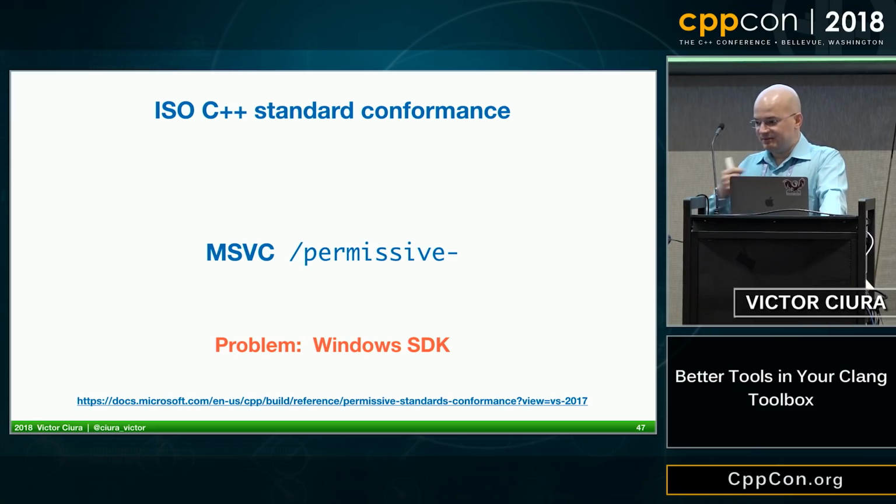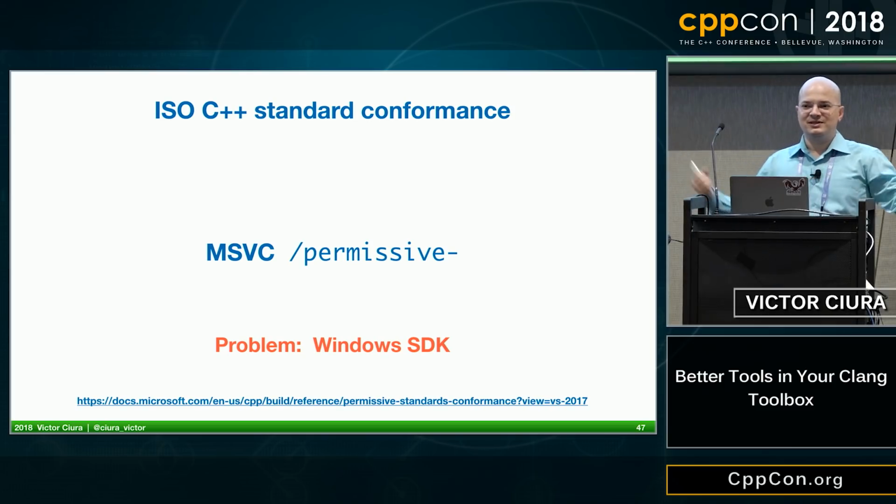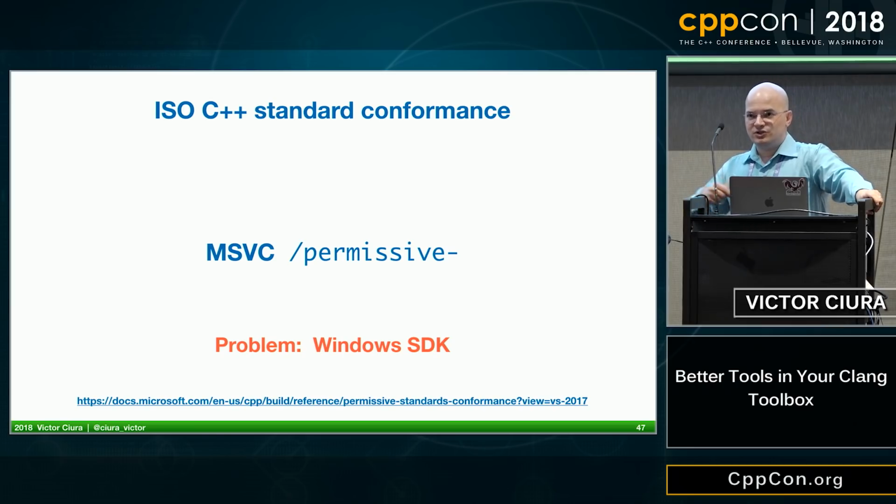And the thing that we noticed for our code proper, ignoring the SDK dependencies, is that because we fixed all the issues and all the warnings triggered by Clang, we didn't have any permissive minus issues. So we're in good shape. We have been, at each major upgrade, using the Clang frontend since version 3.9.